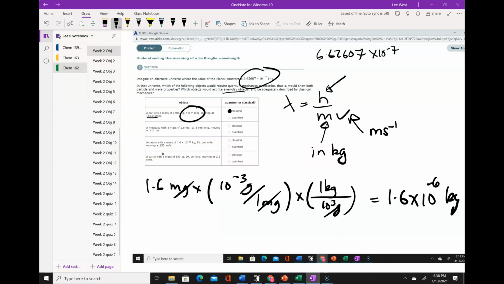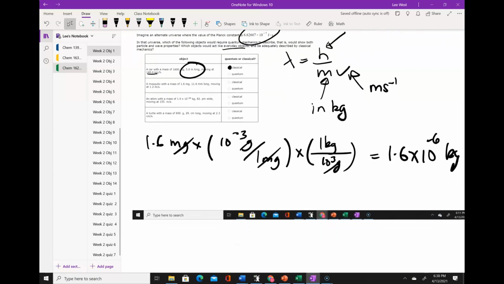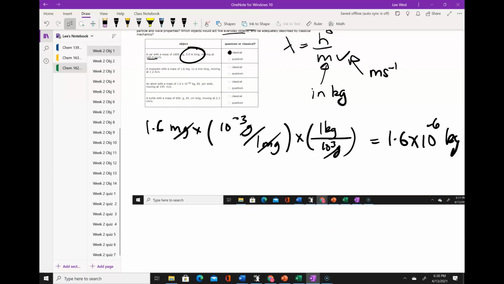All right, so we got our mass in kilograms, and so now what we've got to do is just use the de Broglie formula and then compare that to what the actual wavelength of our mosquito is.